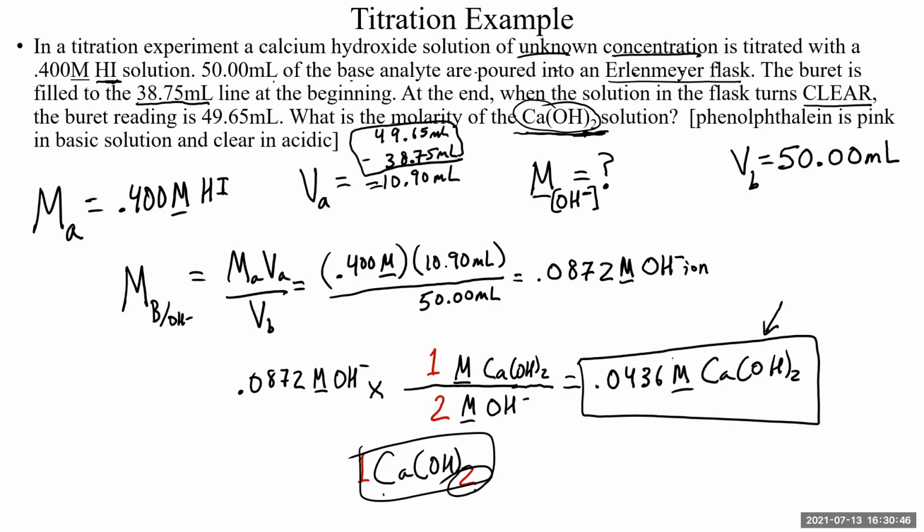This is our answer. This was not our answer. This was the amount of hydroxide. What we wanted to know, though, was the amount of calcium hydroxide, the entire formula unit. There are fewer of the formula units than there are of hydroxide ions, because every time calcium hydroxide goes into the water, it splits up into 3 ions, 2 of which are hydroxide ions. And remember, a titration is only measuring the hydroxide ions against the hydrogen ions.